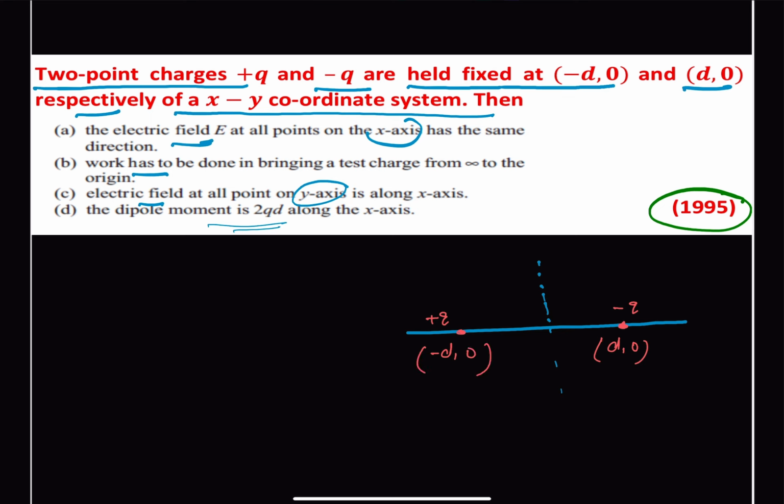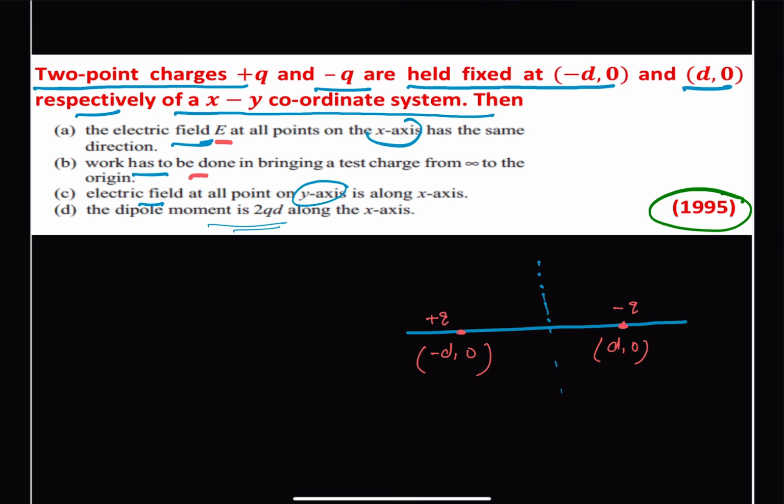Okay. And we are interested in finding out first of all the electric field, then work done, and then also electric field, but with respect to y-axis, then the dipole moment.